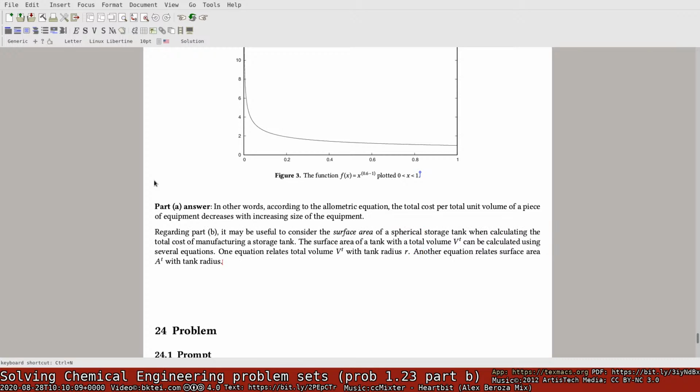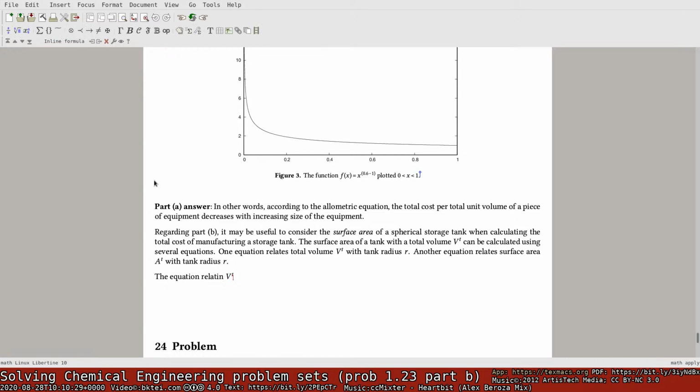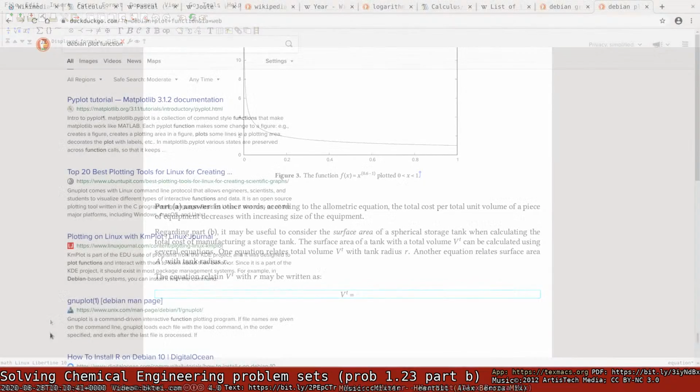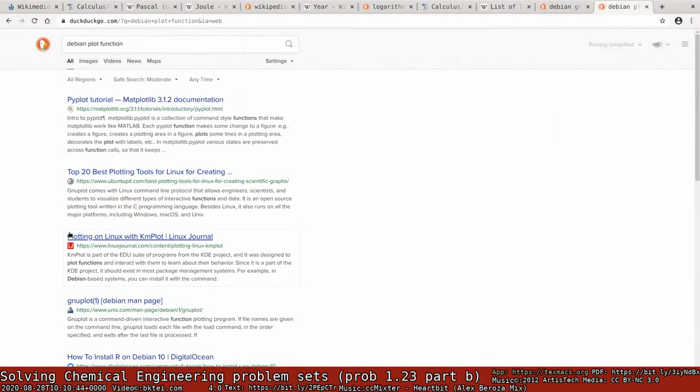Spherical storage tank. An equation relating VT with R may be written as, VT, total volume, is equal to the equation for a sphere. Let's look that up.